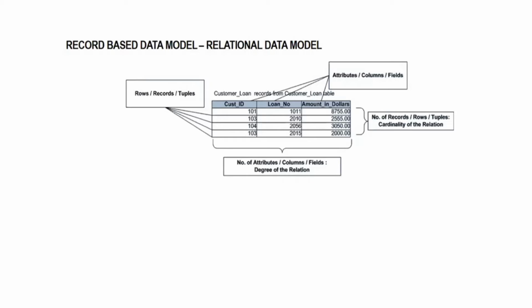As I was saying, the column is also known as an attribute or field, and the rows are also known as tuples and records. With this table you will get an understanding of what a row is and what a column is.